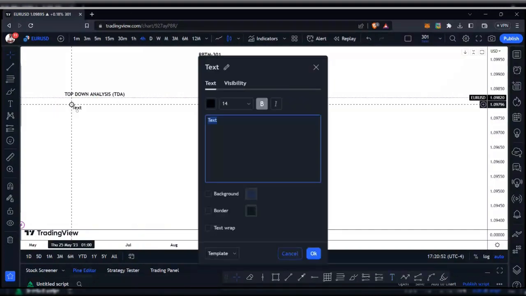Order flow. So that will be 4 hours, strictly looking at the 4 hours. And then 3 minutes or 1 minute, whichever one is fine.